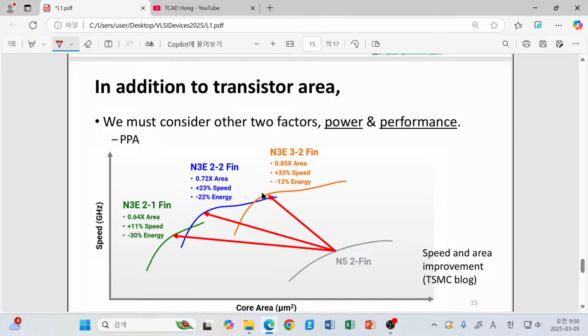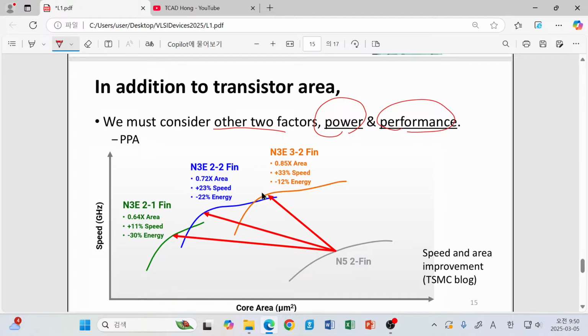At the same time, we must consider two other equally important factors, power and performance. So now let's say that power is just fixed and performance is just fixed. It means that although you can make your transistors 10 times smaller in terms of area, your power consumption is not improved any further.